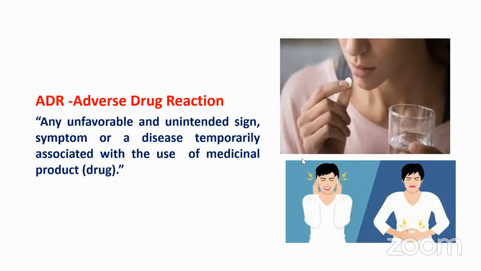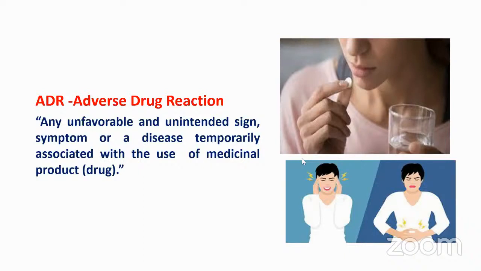Indication is nothing but the disease for which you are treating. Disease is a general term. For example, what is the indication of paracetamol? Fever is the indication. We are taking the paracetamol to treat a disease. That is called indication. Now you got what the indication is, right?